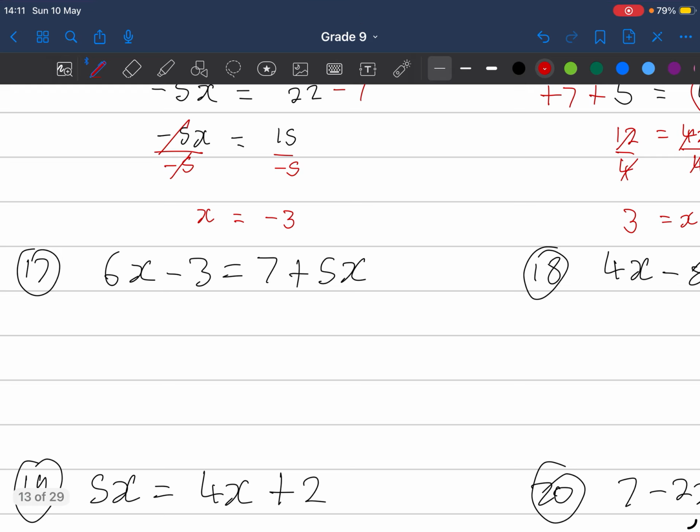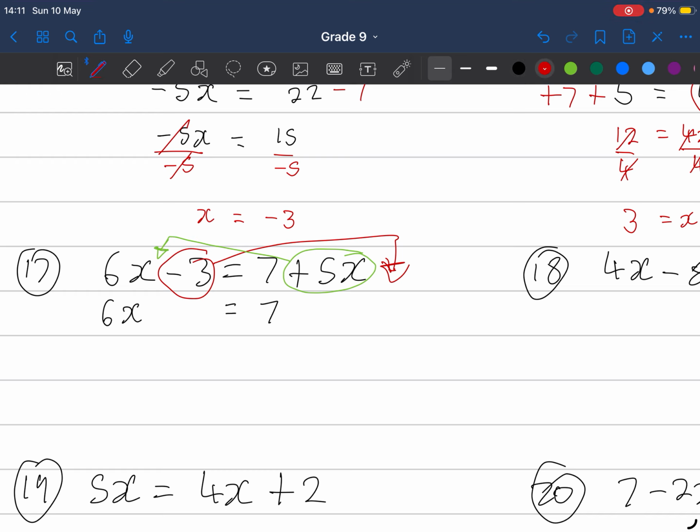Now, let's talk about moving things now. We have 2 treatments to apply at the same time. Number 1, this needs to go there. Number 2, this term where the x is in the wrong place, it's going to come over here. So, let's bring the equals to the 7 and the 6x.